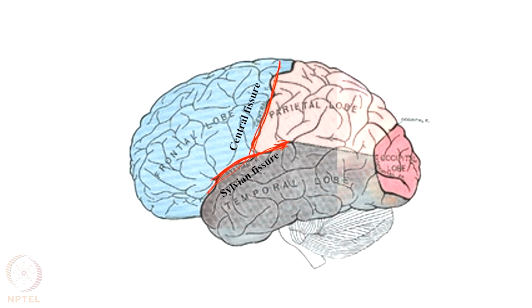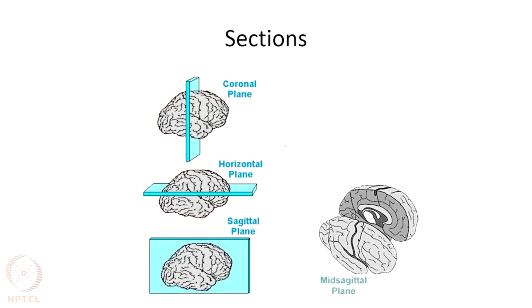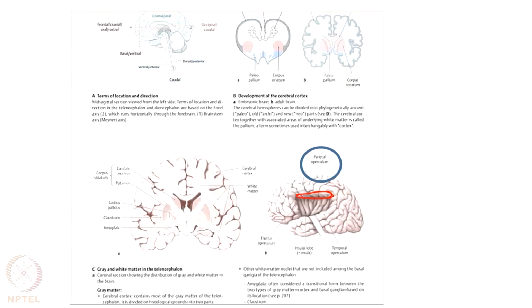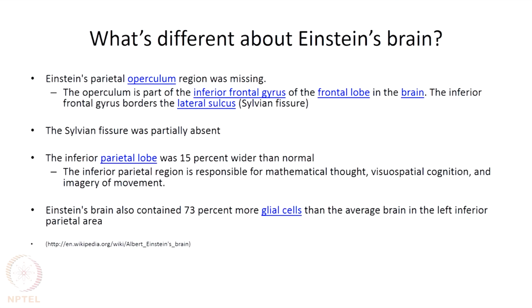Now, in Einstein's brain, part of the Sylvian fissure is actually missing, and if you open the brain right at the Sylvian fissure, you will see a kind of cave-like cavity, and that is what you are looking at here, and this roof is the parietal operculum. So, this parietal operculum region was missing in Einstein's brain.